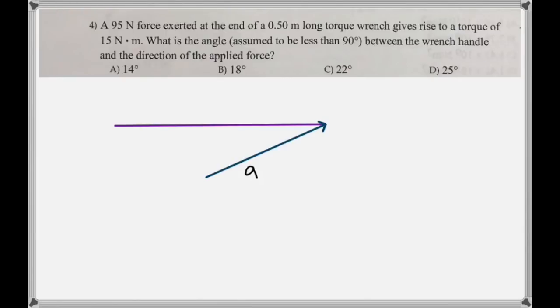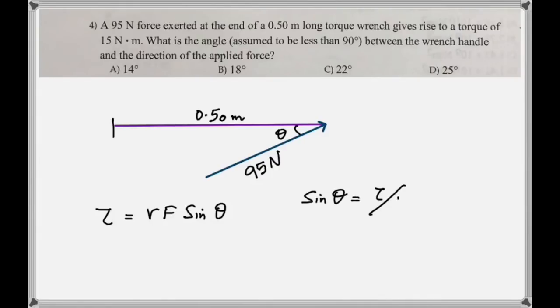and that shows the wrench, 0.5 meter long, that's the wrench, and then we have the force being applied. The angle is theta, which is what we're looking for. Force is given as 95 newtons. And by the definition of torque, torque is r F sine theta.